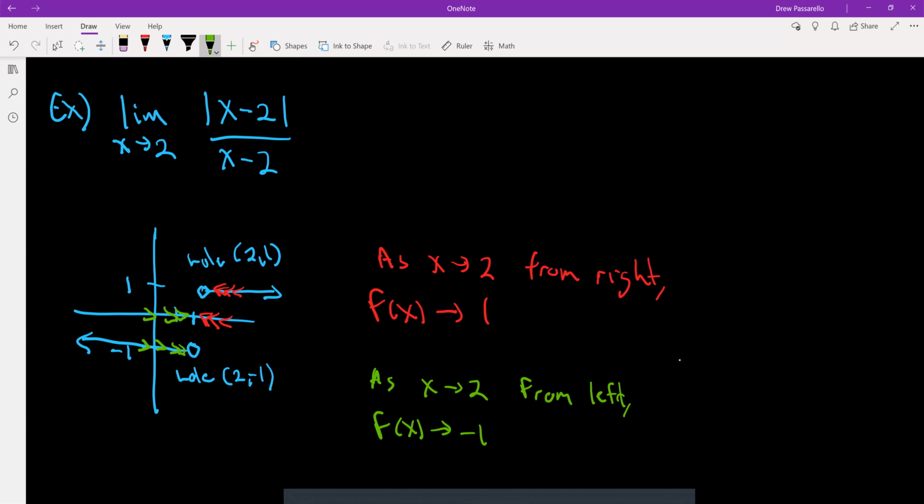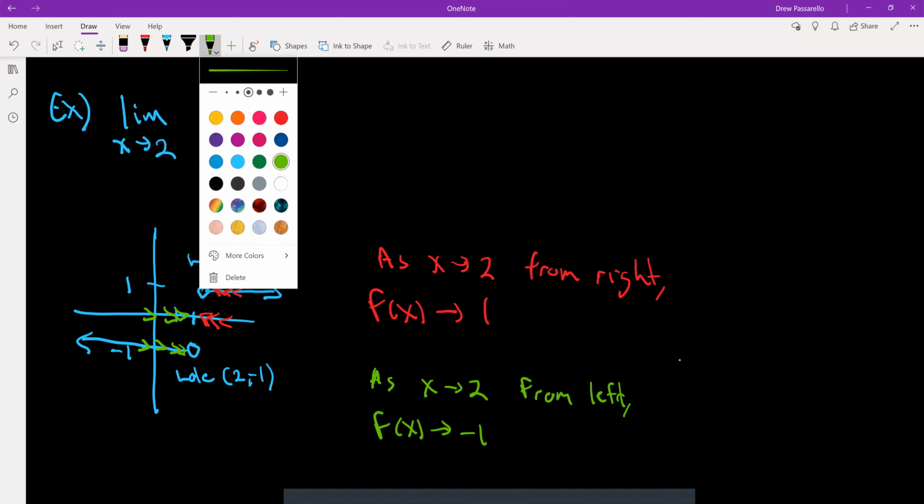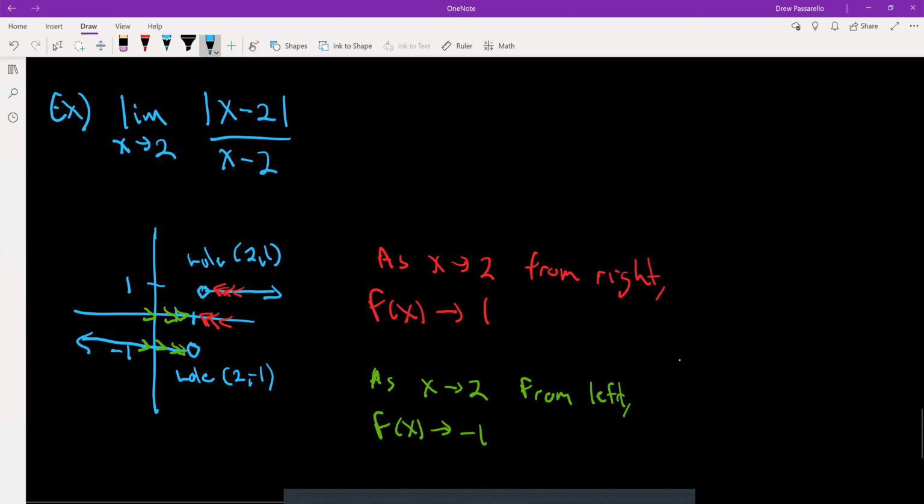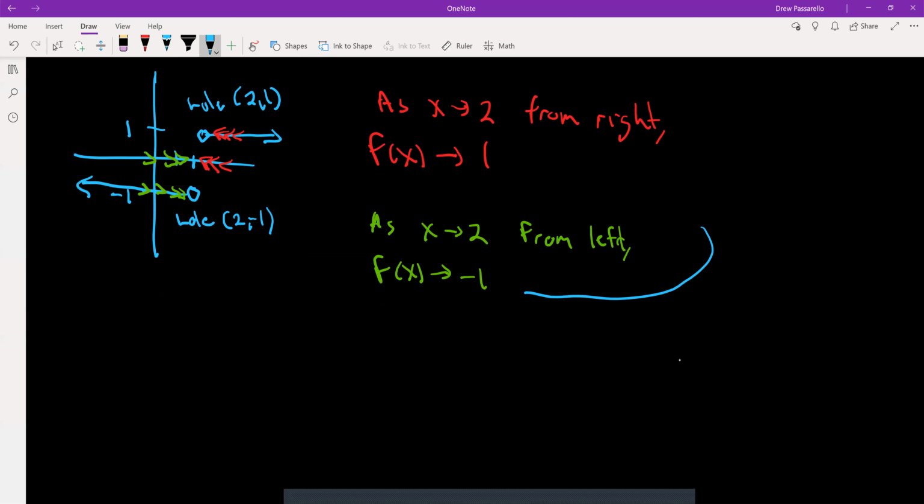Notice I have 2 different values depending on which direction I'm approaching from. So 2 different values.